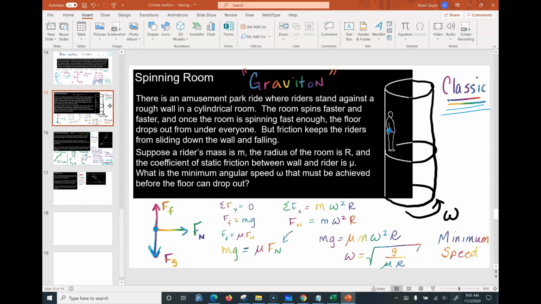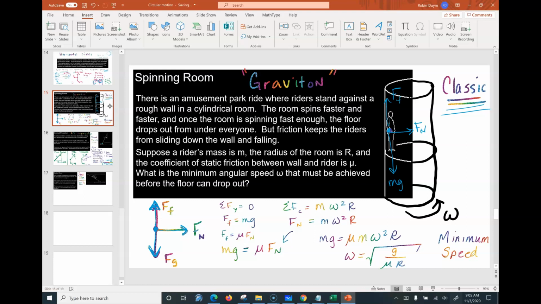So since that's the case, your frictional force is actually up. And what's actually to the right is going to be your normal force, because that's the wall pushing back on the person. So it's a little weird the first time you see it, but I'm sure that you can see that it makes sense that way, right?